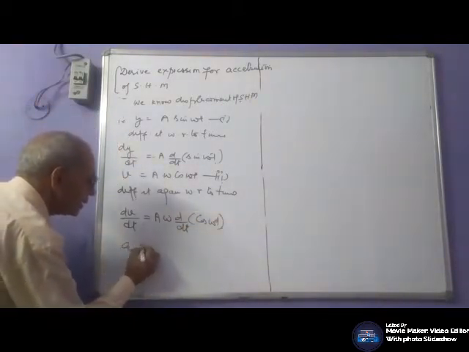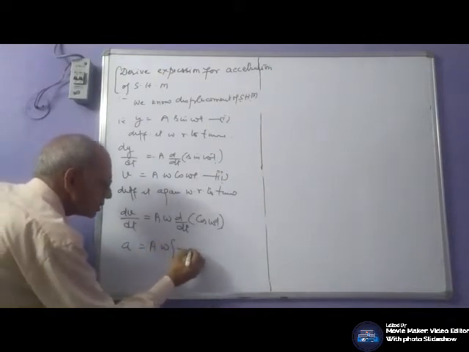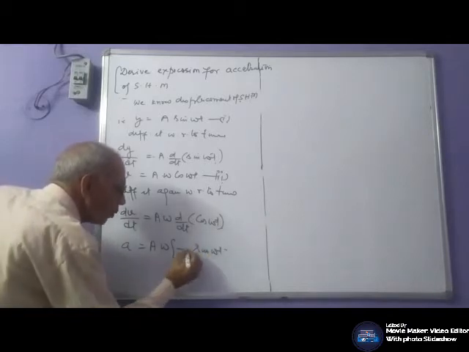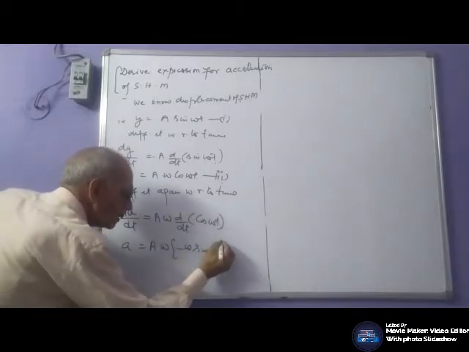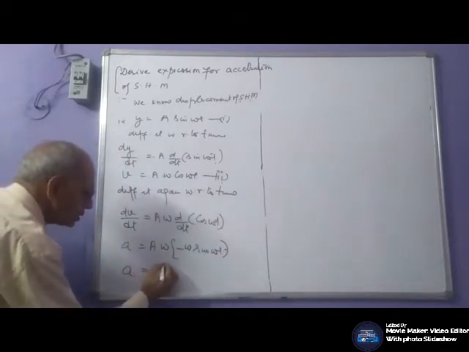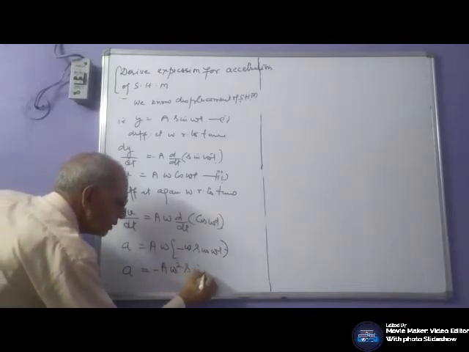It is A omega times minus sin omega t, times omega, so a is minus A omega square sin omega t.